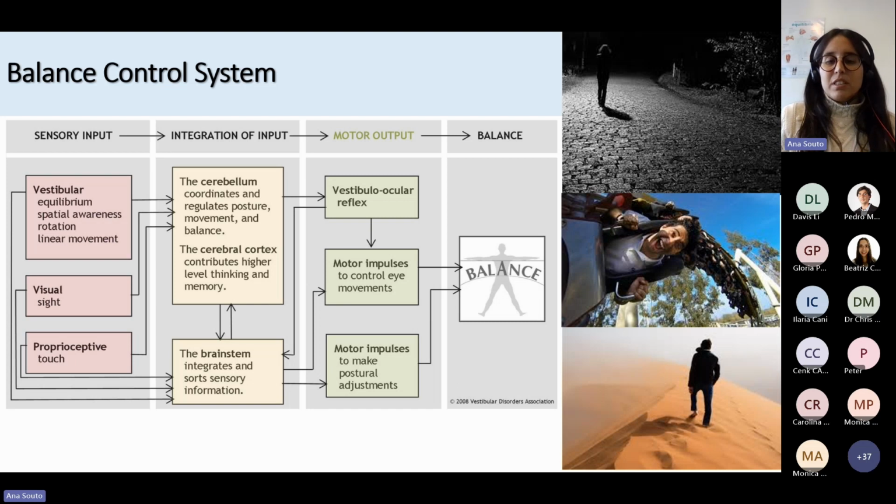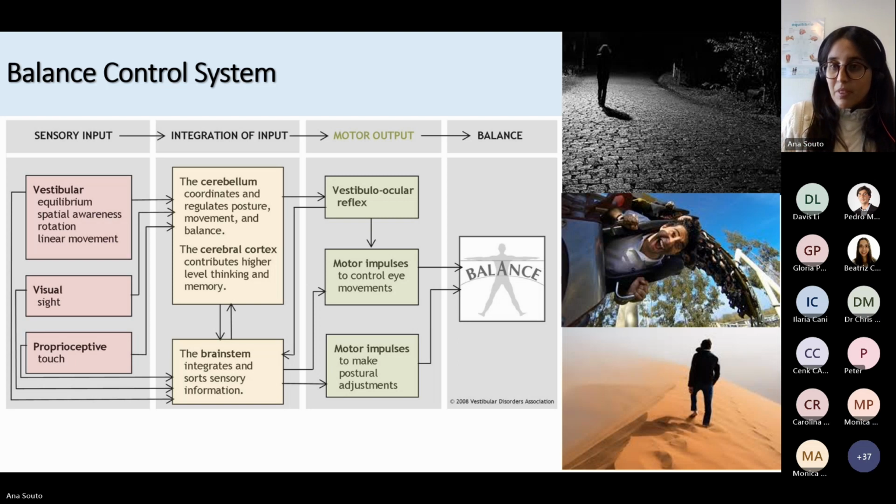Okay. The same happens if we walk on an uneven surface, for example, sand. For us to be balanced while walking on sand, our central nervous system has to decrease the reliance on the somatosensory input, and increase the vestibular and visual weight of these inputs.